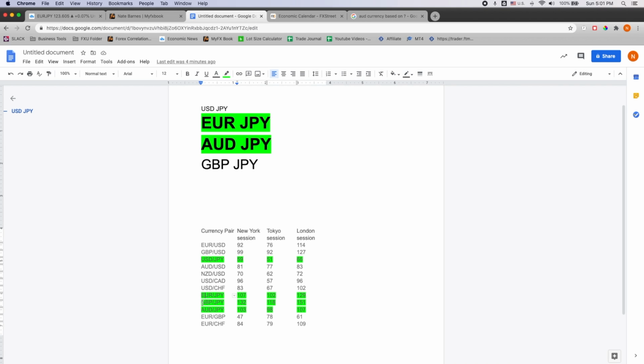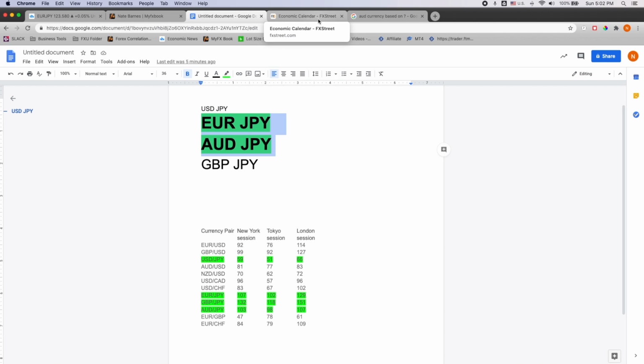So if you are a new trader looking for consistent profits and a simple strategy to make money in the foreign exchange markets, then I would definitely recommend EU, EJ, and then AJ. These are going to be some good money makers for you because they move pretty quick, and you're also going to be able to understand that the Japanese yen isn't going to be moving up or down a lot, right?